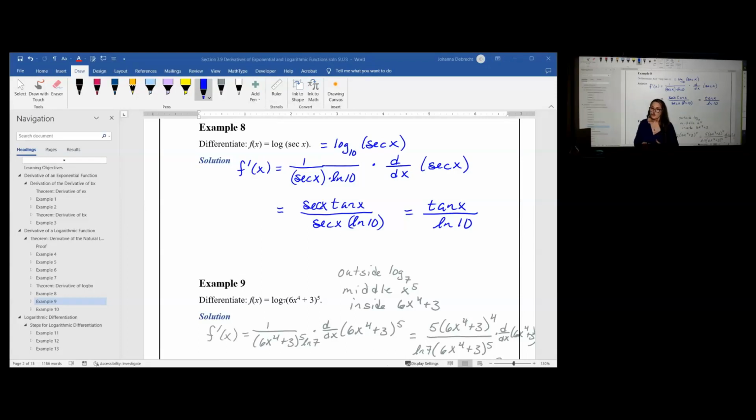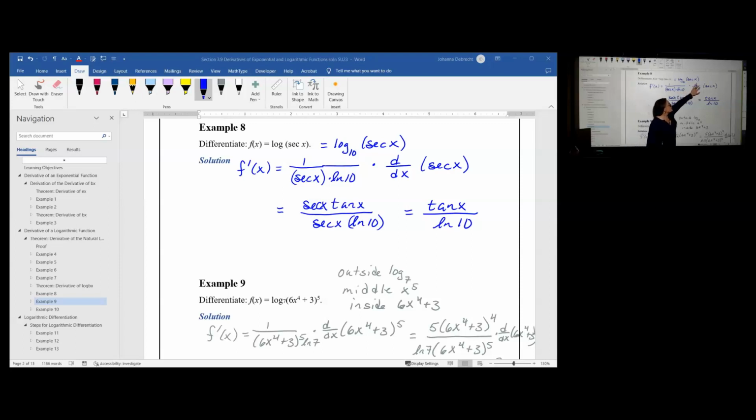Let's look at example 8 now. When we look at example 8, we have the logarithm of secant x, but it's not natural log because it spells out log. There's no base written, so the base must be 10, the common log. I rewrote it as log base 10 to make it more explicit. Then I apply the derivative. This gives me 1 over the argument to the logarithm times the natural log of the base in the denominator.